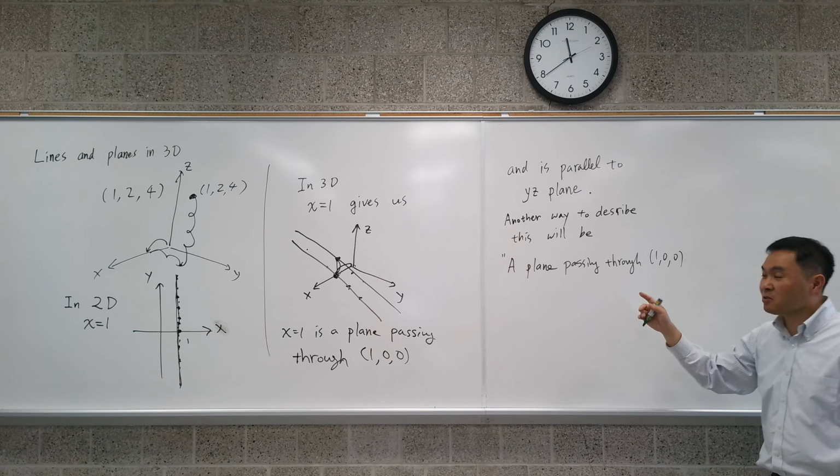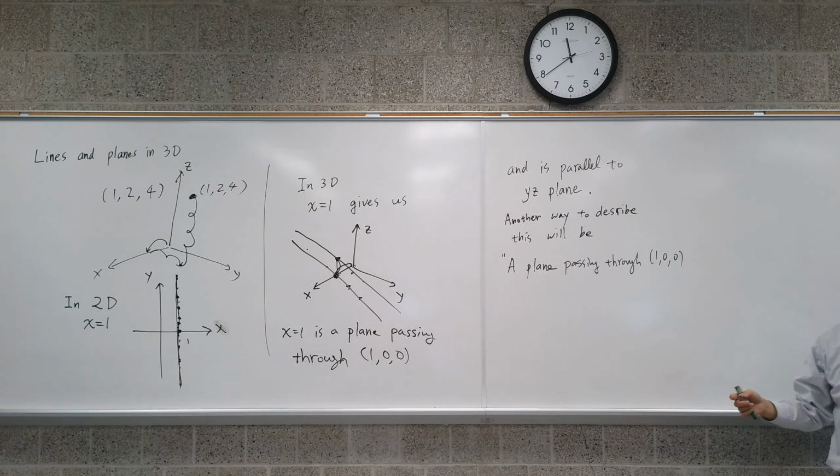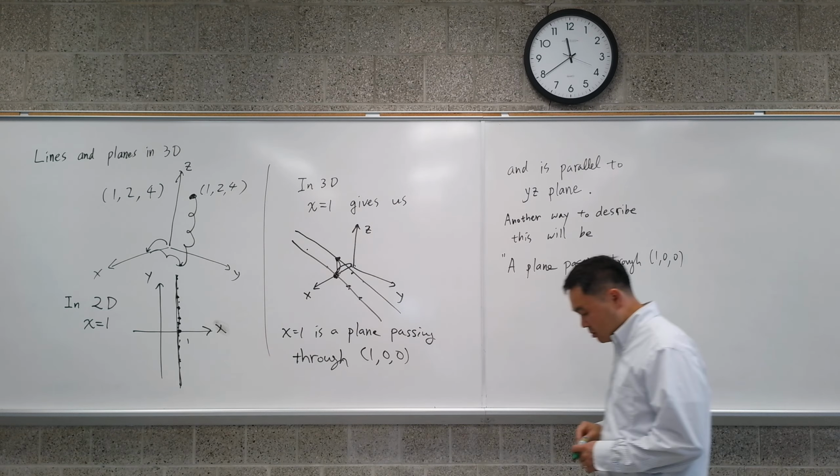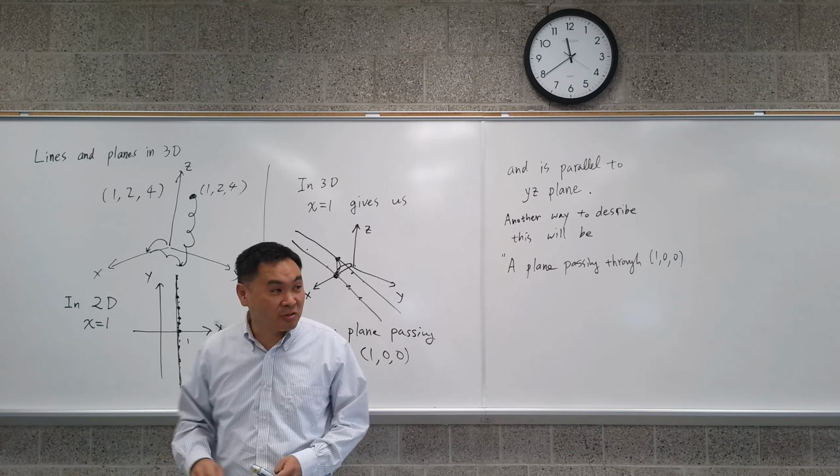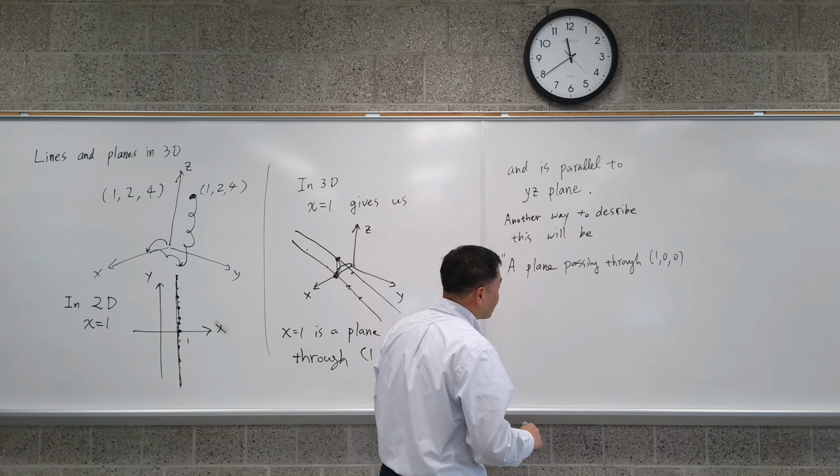Well, this could be like 1, 1, 0, or 1, 0, 1, or anything else is fine. But 1, 0, 0 is the simplest, so that's why I choose that.